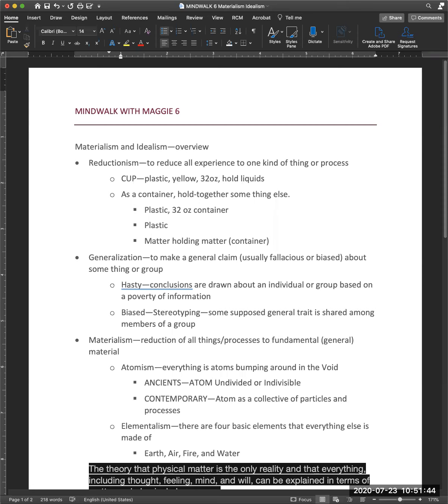Let's see, what else could we say about it? Not only does it hold 32 ounces of liquids, it is also, I don't know, let's say 7 inches high and has a circumference of 7 inches. Why not? 7 inch circumference.